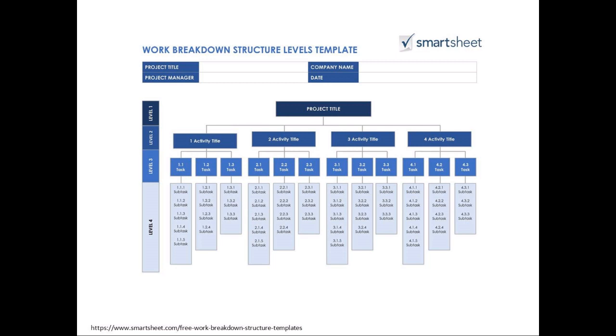We continue decomposing until enough detail of the project is captured. We should be able to look at a work breakdown structure and see a hierarchical view of all the major activities and tasks needed to successfully complete our project. Blank template forms for work breakdown structures are available at the website shown.